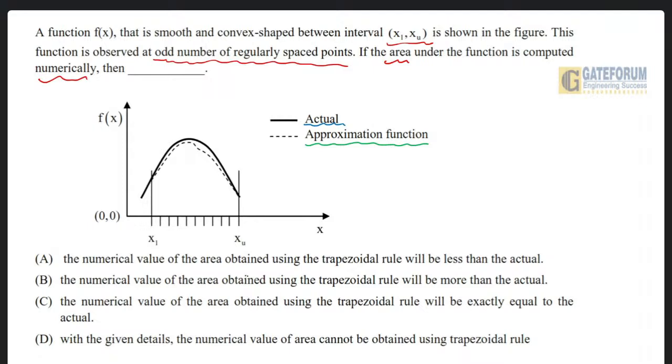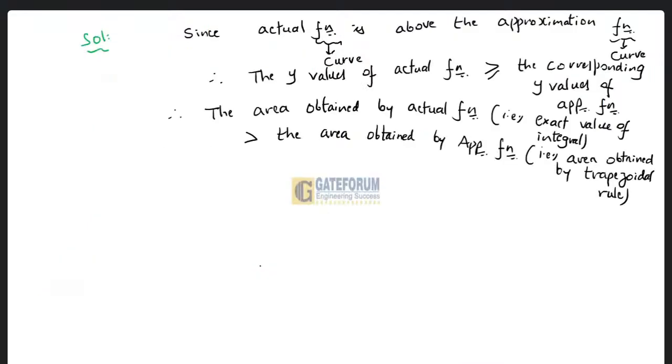I'm talking about numerical value. This is the exact value of the integral. This is the approximate value of the integral.